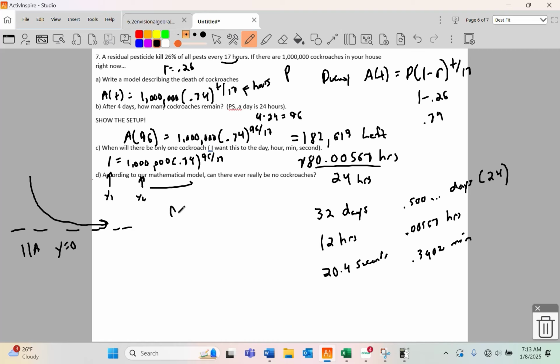So according to a mathematical model, no. And I would argue that even in the real world, you can't get rid of cockroaches. Cockroaches and glitter will be the last things that inherit this earth.